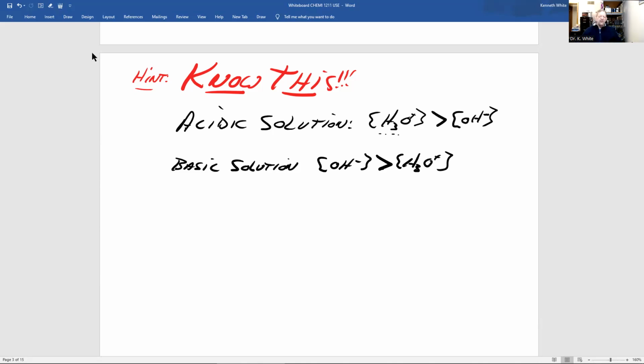For a basic solution, hydroxide, OH minus, is greater than, that's what this symbol means, the hydronium ion concentration.